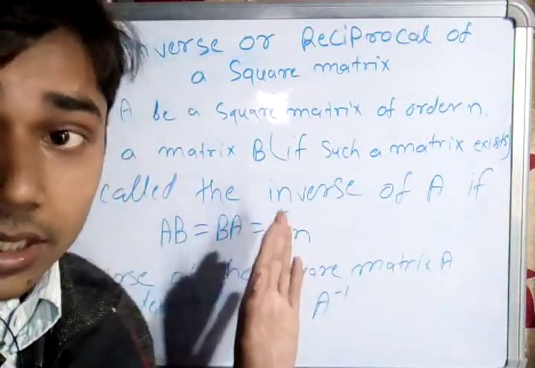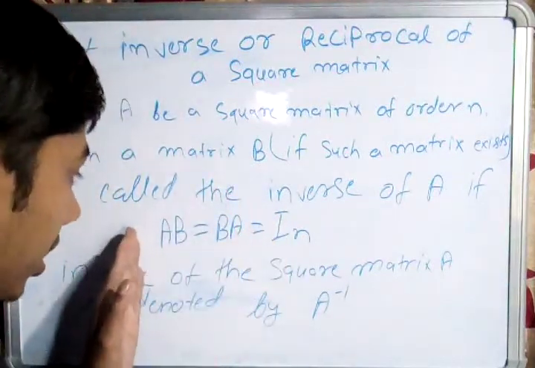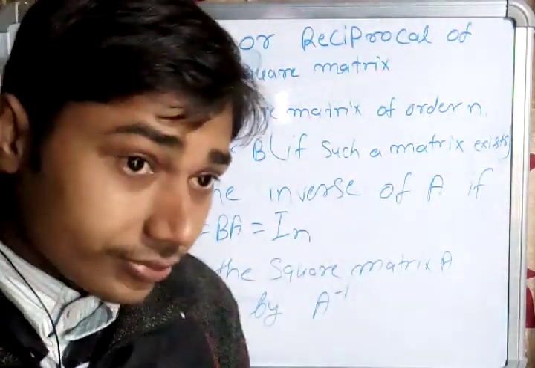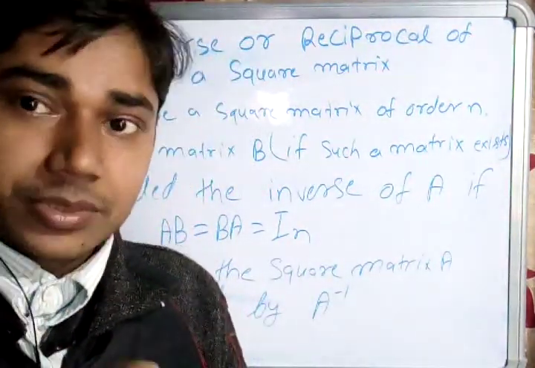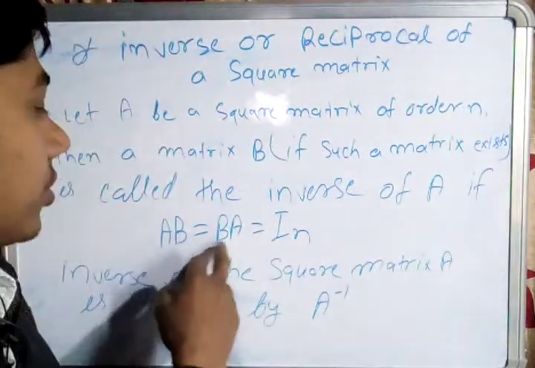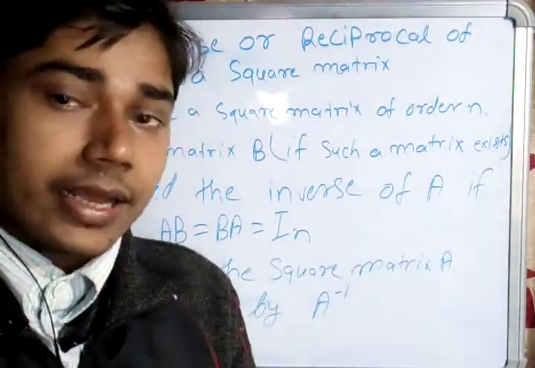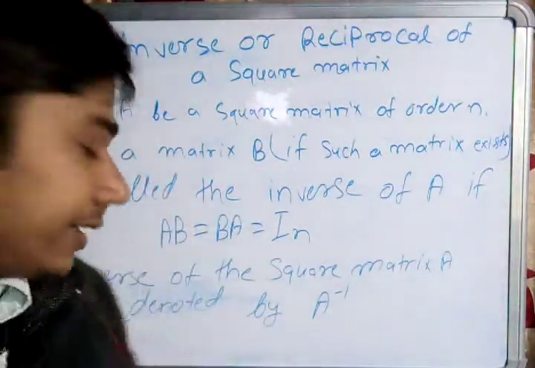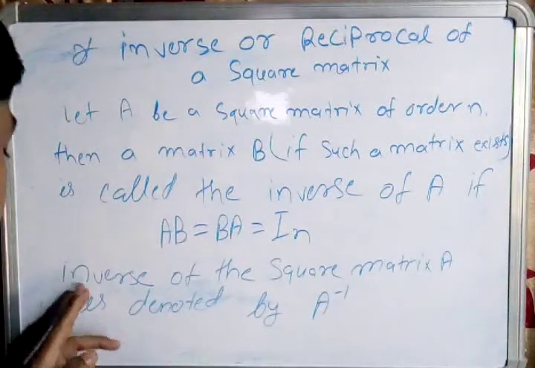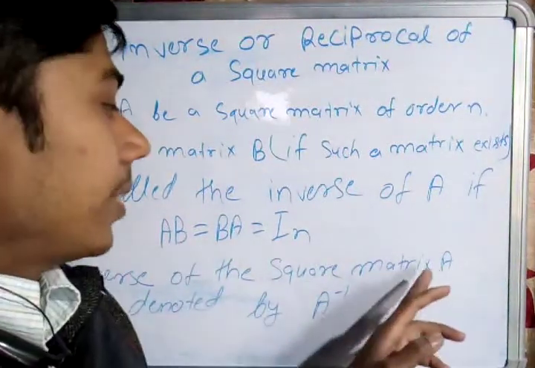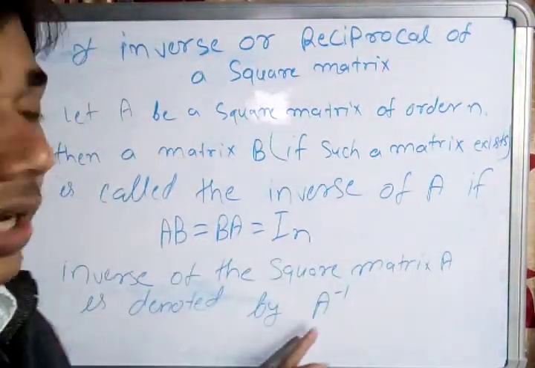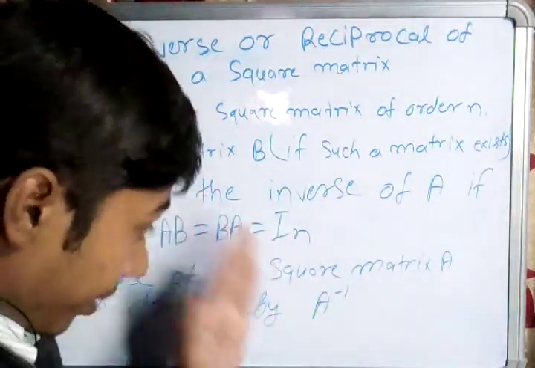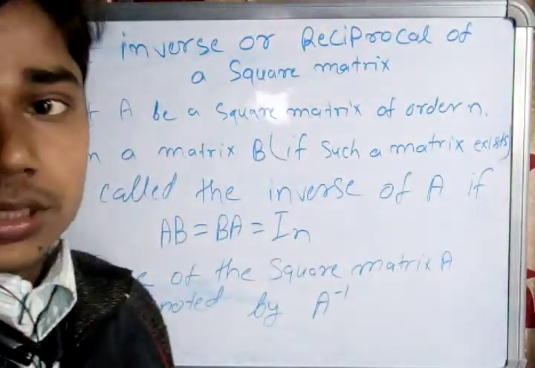We know from the theorem that AB equals BA equals the identity. In the previous video we discussed AB equals BA equals In, and here we can say that the inverse of the square matrix A is denoted by A inverse, and we find the value of A inverse.